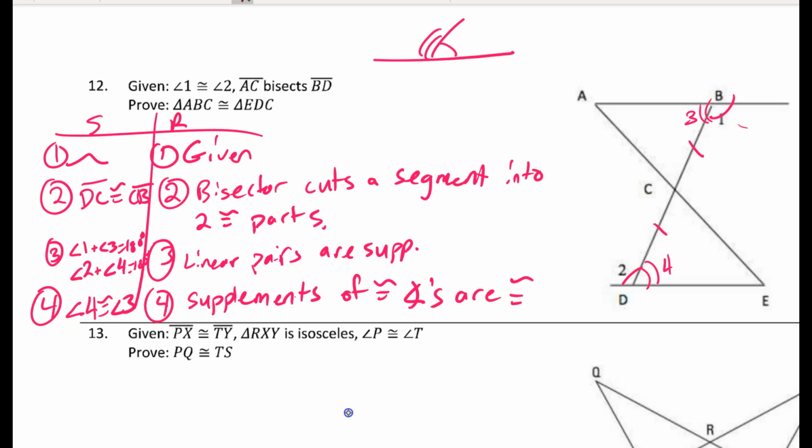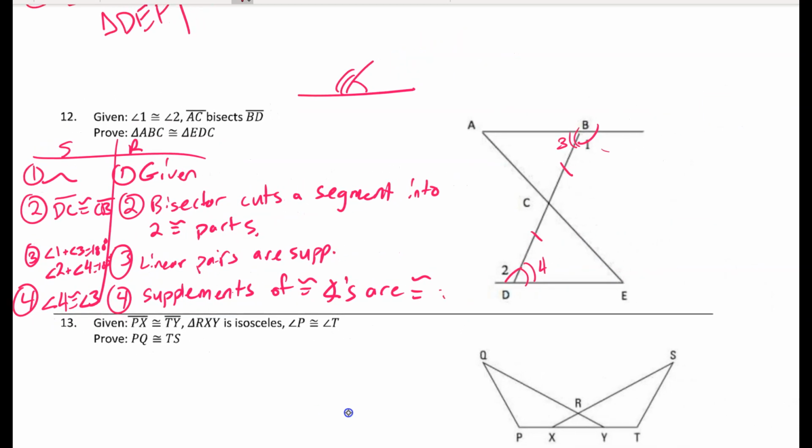You could actually do a substitution step if you want to. You'll see this written a lot of different ways, and if you see my answer key, I actually did this a different way as well. Now, I'm running out of room here, so I'm going to write it over here. But for number 5, let's see what I've got. I've got an angle. I've got a side. If only I had another angle, right?